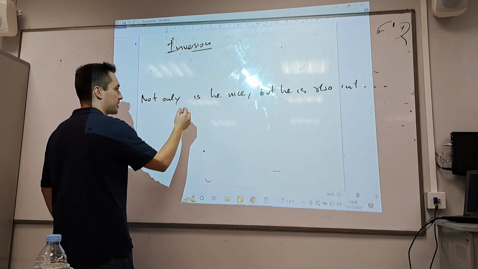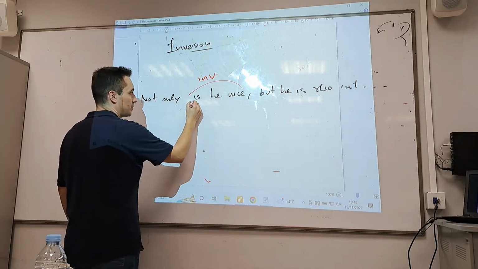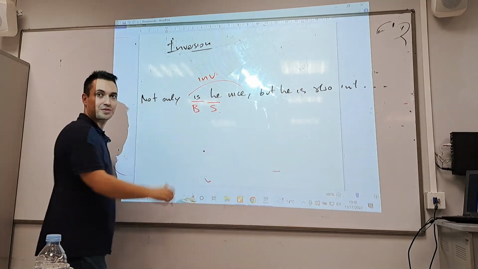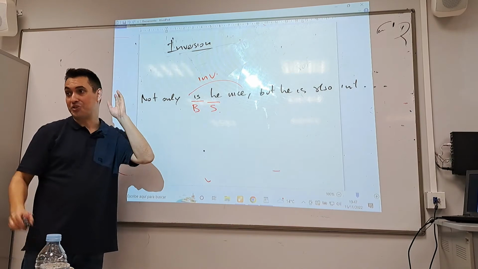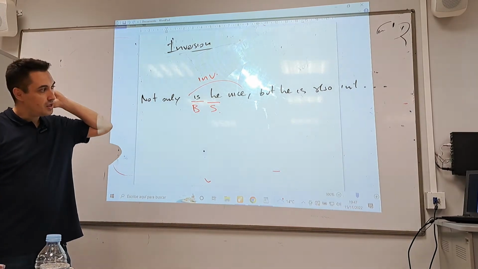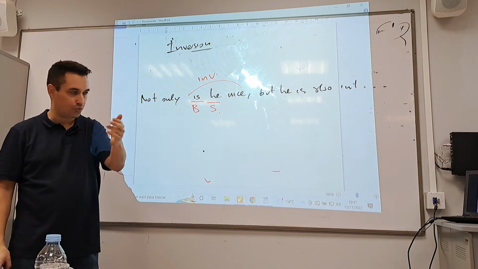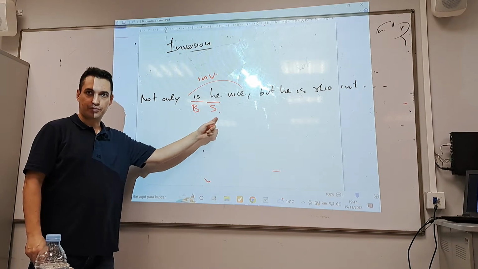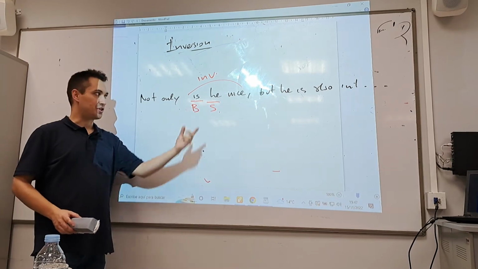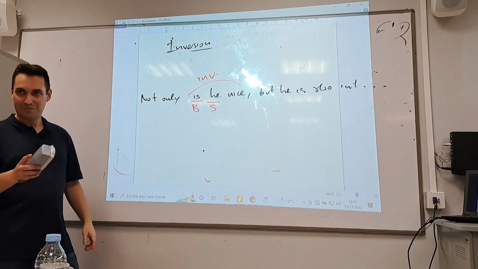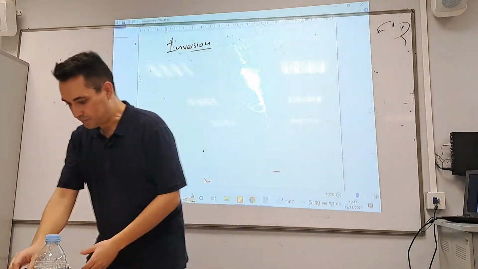Not only is he nice, this would be an inversion because we have the verb to be before the subject. There is no auxiliary. Well, the verb to be can be considered an auxiliary, but you don't need have or had or did or do. Just change the order with the subject. When you have the verb to be, you don't need an extra auxiliary. Not only is he nice, but he's also intelligent.